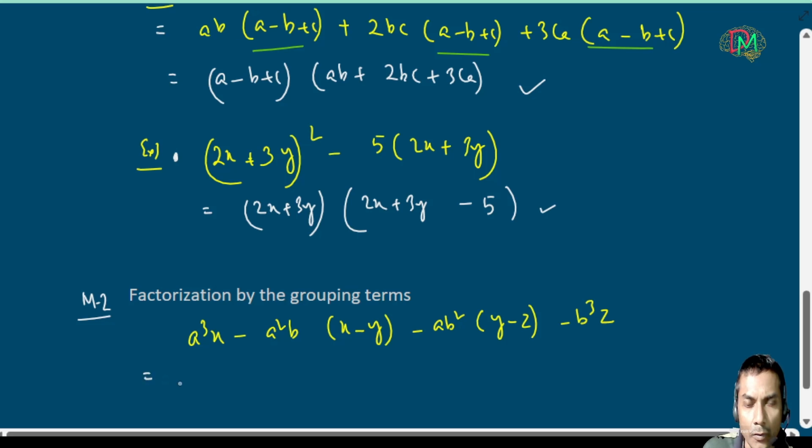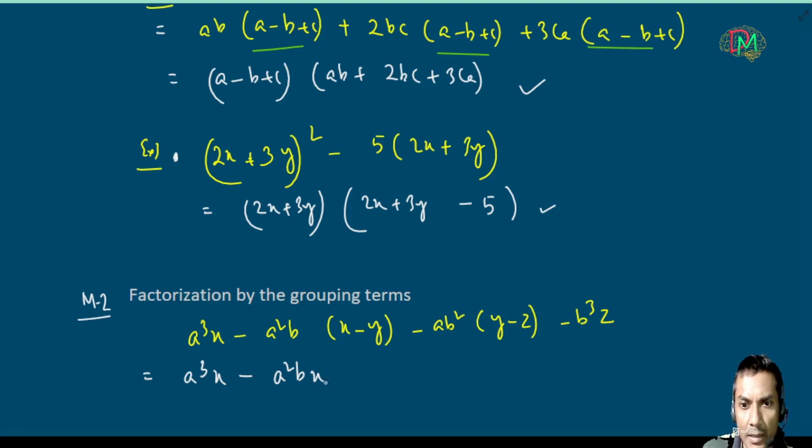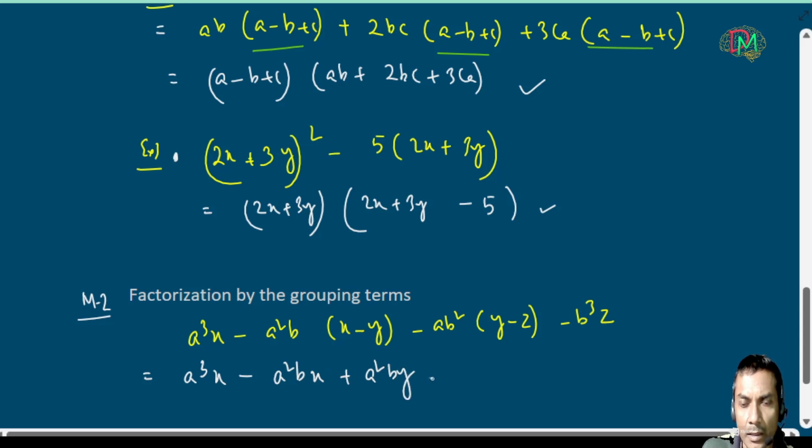First, multiply and remove the brackets: a cube x minus a square bx plus a square by minus ab square y plus ab square z minus b cube z. Clear?